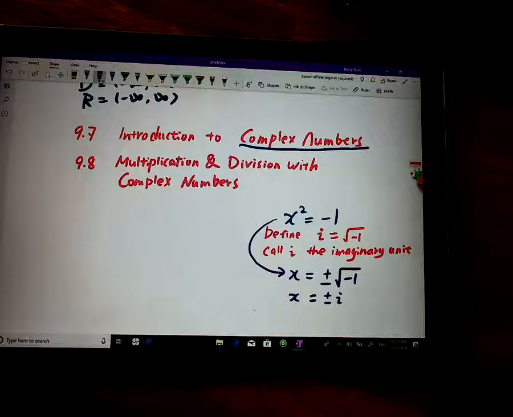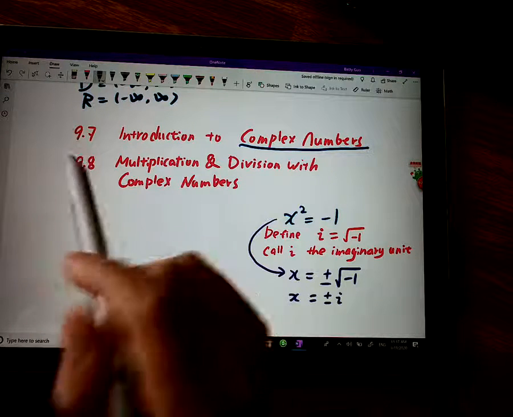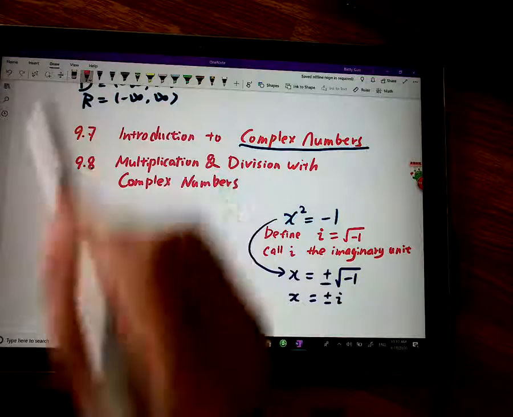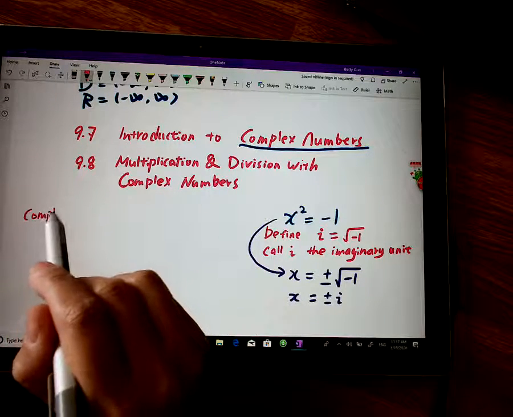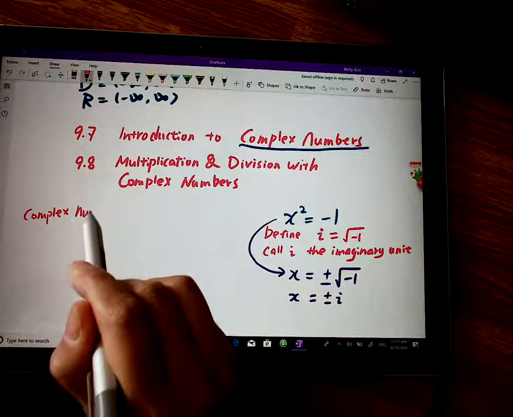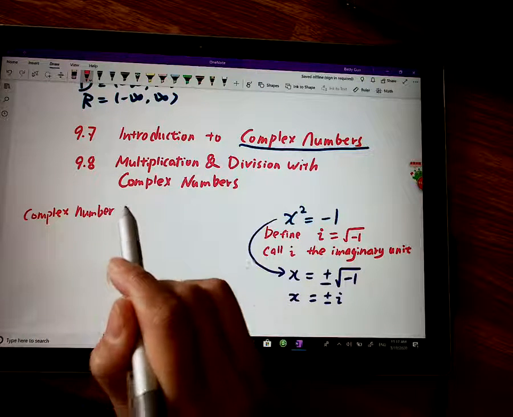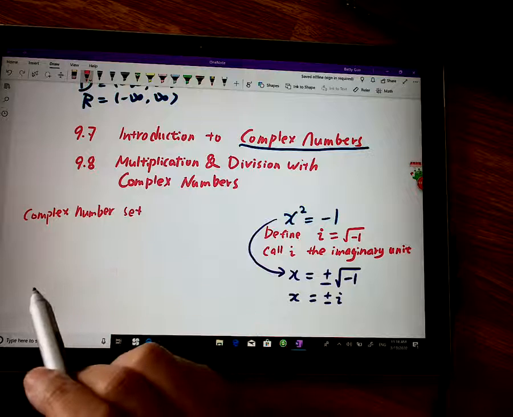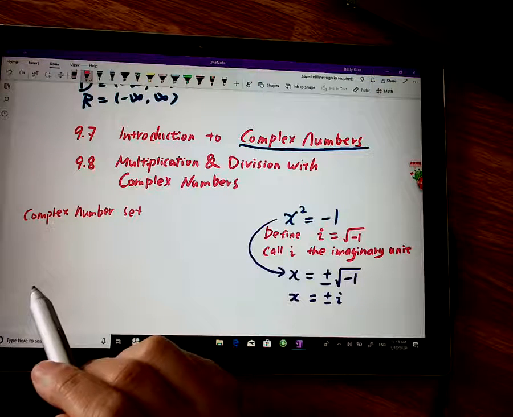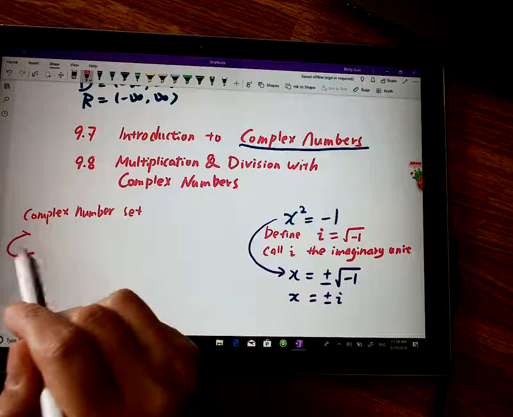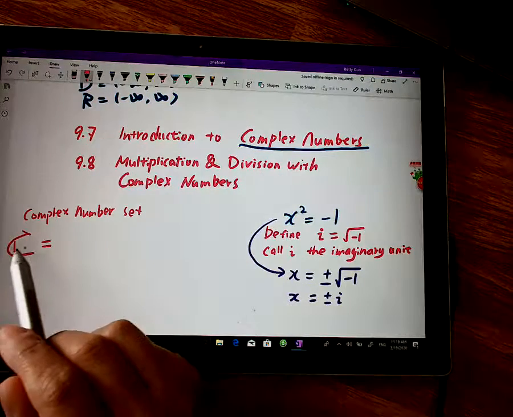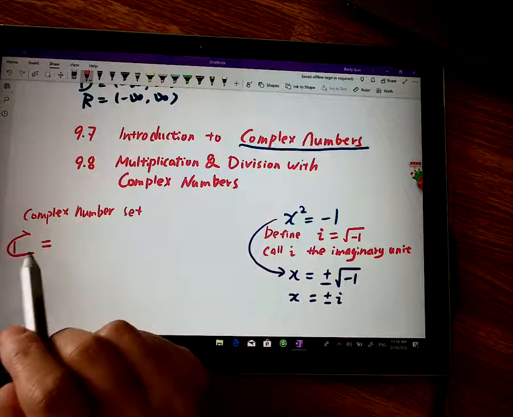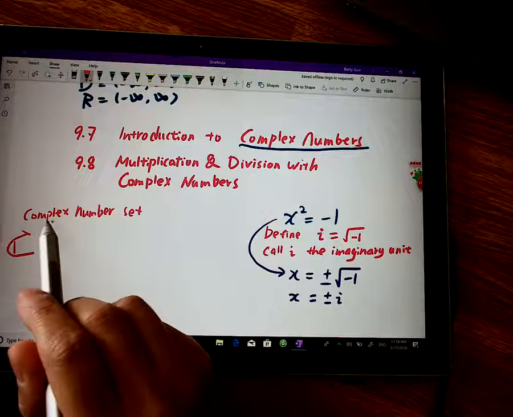Now let me give you the definition for a complex number. I'm going to write the definition right here. The complex number set is a set containing all the complex numbers. The notation for the complex number set is the capital fancy C, because C is the initial of complex.